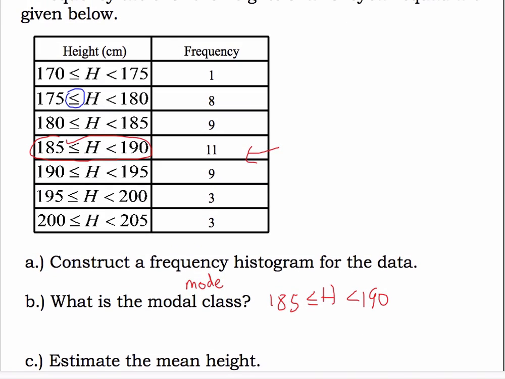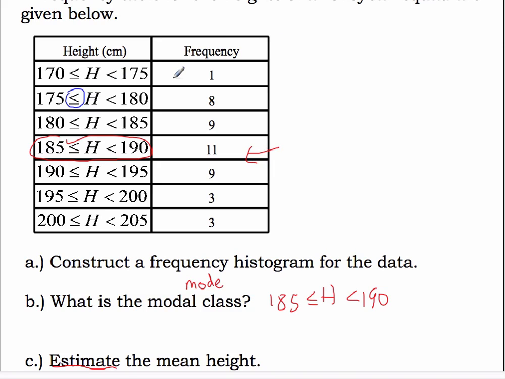And the last one says estimate the mean height. The reason it says estimate is because we can't find it out for sure. For example, this one person in this range, we don't know if that person is 170 centimeters tall or 174 centimeters tall. So it's just an estimate.